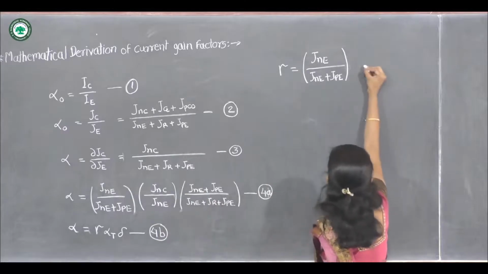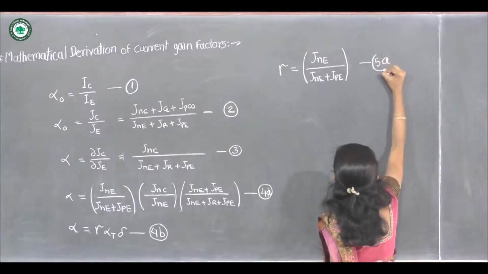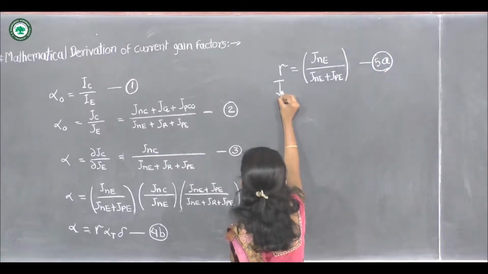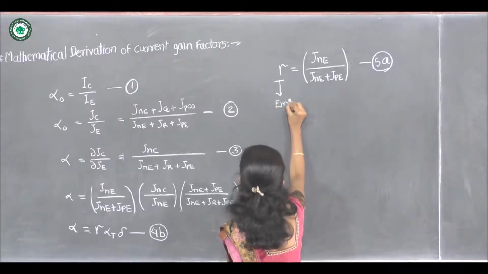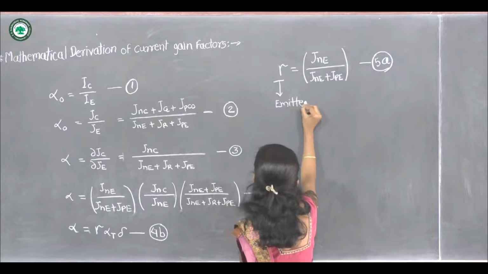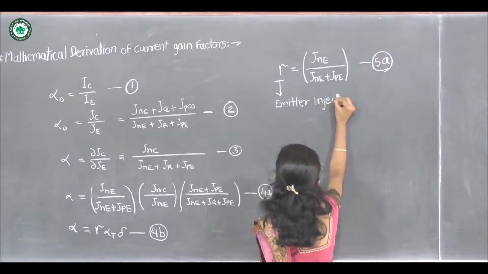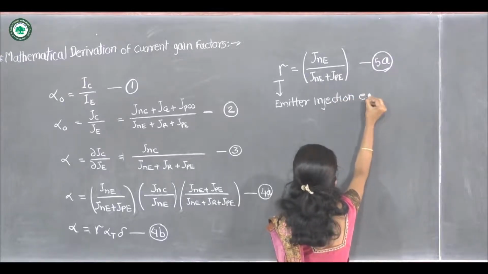This is equation number 5a, and this factor gamma is known as the emitter injection efficiency.